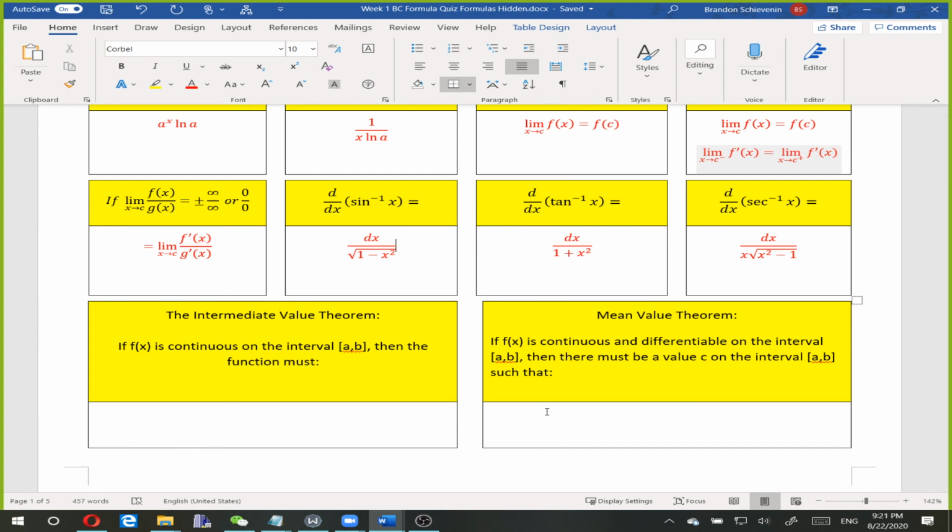As long as our function is continuous on a to b, then the intermediate value theorem tells us that our function must do what? Yes, pass through all the x values or pass through all the y values?